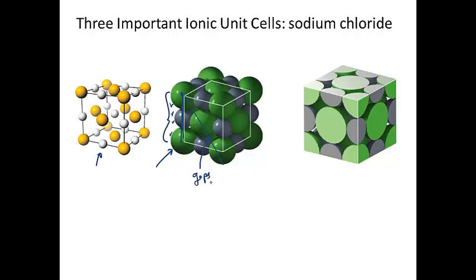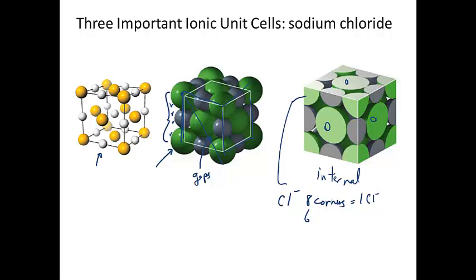If you look at the internal features of the unit cell, that is, you cut the unit cell along its boundaries so that these are just the things that are inside, what we see is that the anions, let's say chloride, there are 8 corners, so that equals 1 chloride ion, and 6 faces, that's like this and this and this, and 3 on the other side.